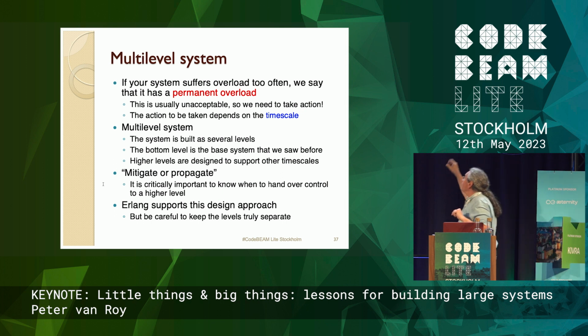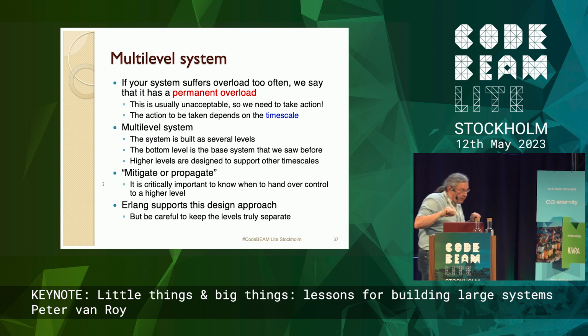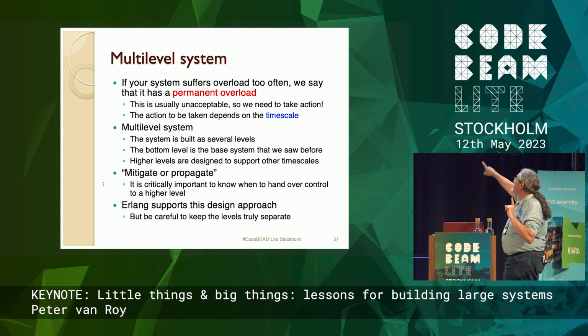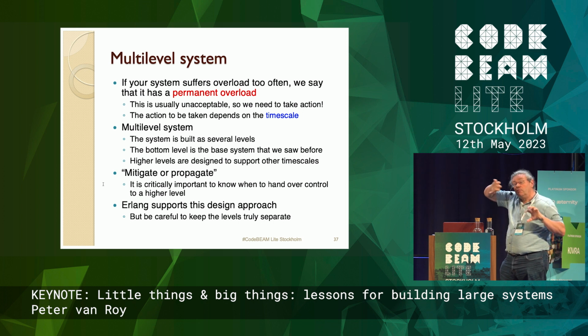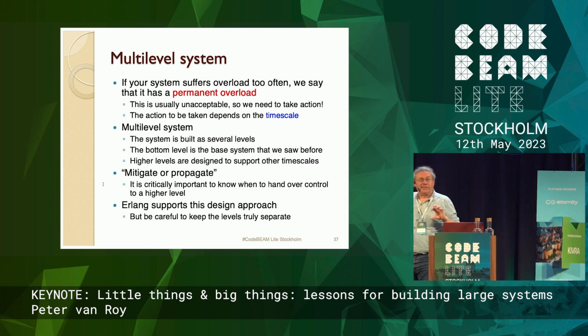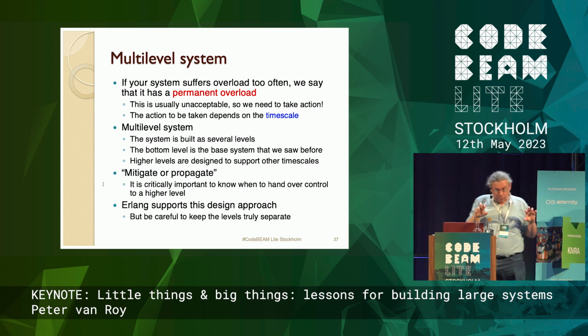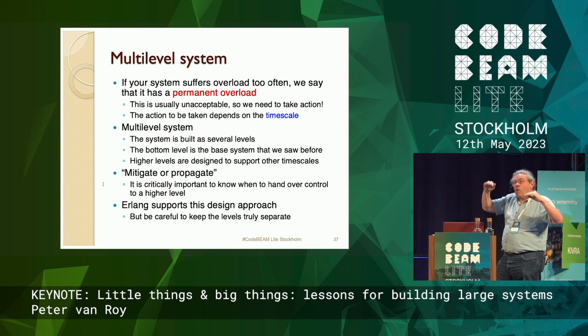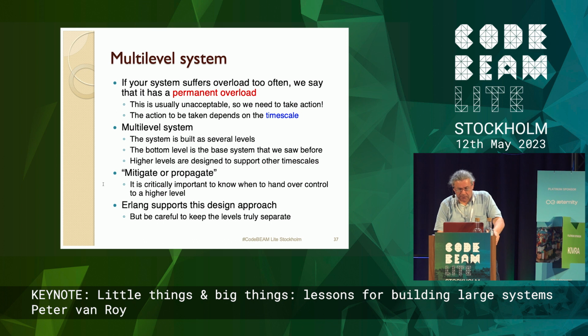So, of course, Erlang has a lot of support for this kind of approach, but be careful. The levels have to be truly independent and separate, okay? So it's an abstraction level thing. Of course, Erlang processes are independent, but the whole part of the system that is doing a second level must be independent of the first completely, and so on.